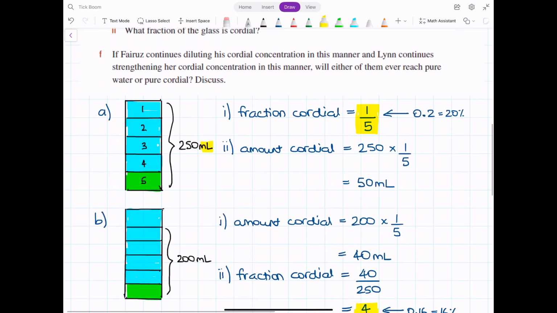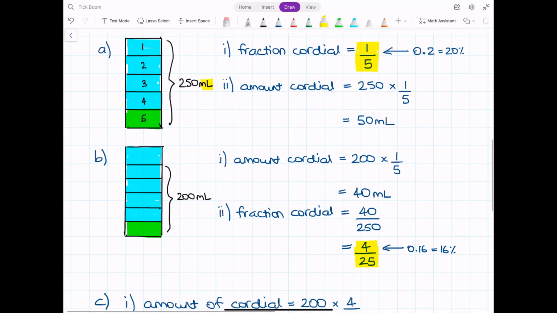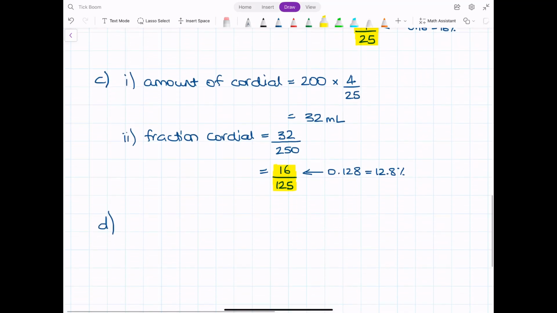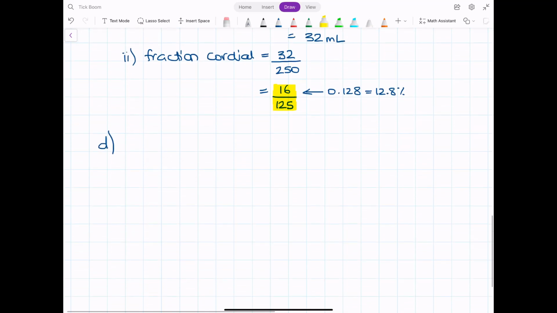So if we think about what's going on, maybe just for this part D, I'll draw up our glass again, just to remind us how this is going to look. So 1, 2, 3, 4, 5. Here's our glass. And it was originally broken up into the 5 parts.